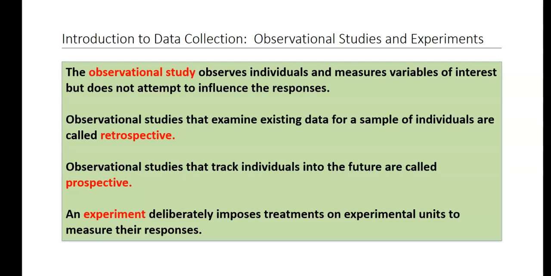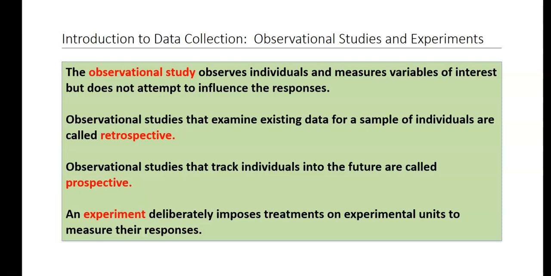So there's an observational study. It does not attempt to influence the process. There's no treatment or anything. It's just asking some questions or something. If you're talking about existing data, it's called retrospective, so looking backwards. If you're talking about tracking individuals into the future, like will they get cancer or something, that's a prospective study.